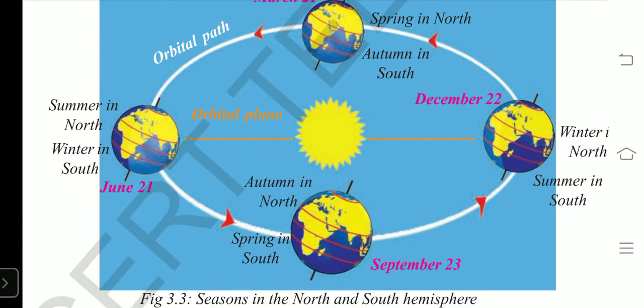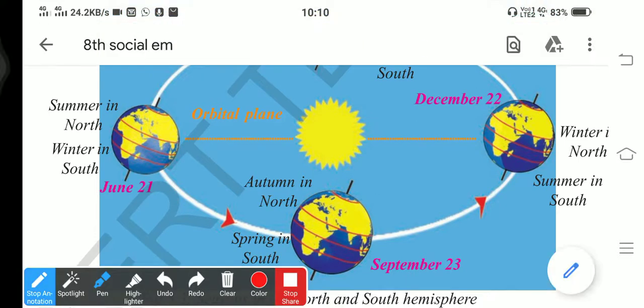What do you see on June 21st? Sun rays fall vertically on the Tropic of Cancer, 23.5 degrees, on June 21st. And on December 22nd, what do you see? Sun rays fall directly on the Tropic of Capricorn.